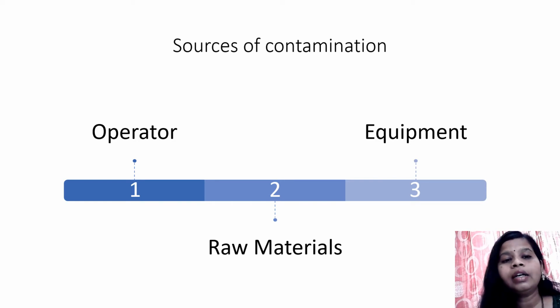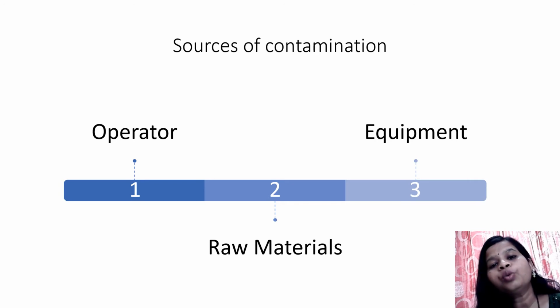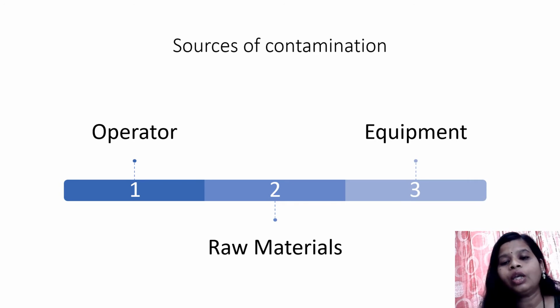Suppose the equipment design is not proper and its size is also not proper, so that it is not meant for easy cleaning. Due to that, there will be a point or corner where there will be accumulation of the product as well as the solvent used, and because of this accumulation of material inside the equipment, these accumulated products can behave as a source of contamination.